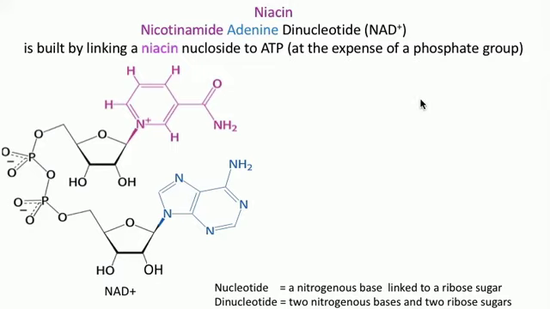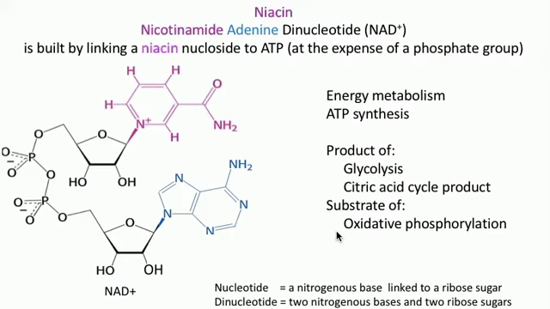So this terminology, you should really think it through slowly because it's so powerful. Nicotinamide adenine dinucleotide. Do not just memorize niacin or NAD. Think about the structure because it'll help you in thinking about all the different contexts that adenine shows up in. This is very important to energy metabolism, and when I'm talking about energy metabolism, I'm talking about the production of ATP.